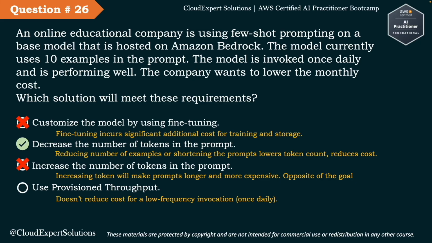While provisioned throughput will guarantee consistent performance for high-volume workloads, for our use case the model is invoked once daily. That is why provisioned throughput will not be an optimal solution for low-frequency invocation use cases. That is why this is not the correct option.